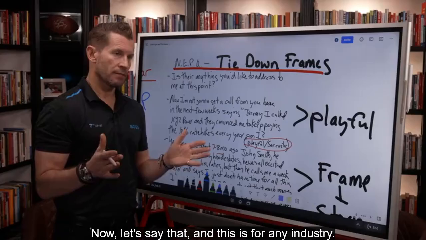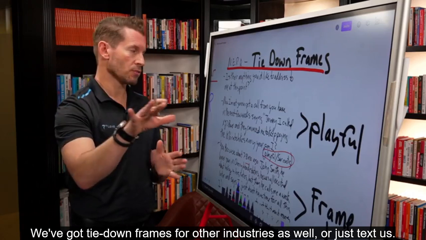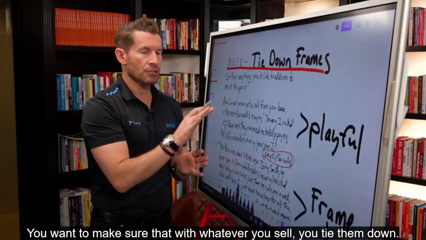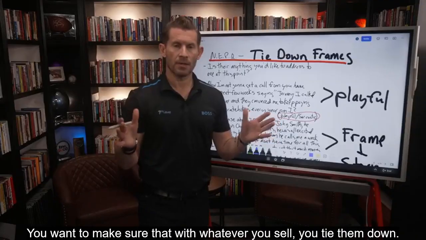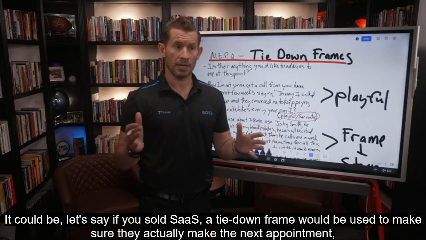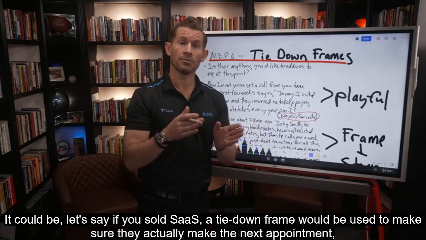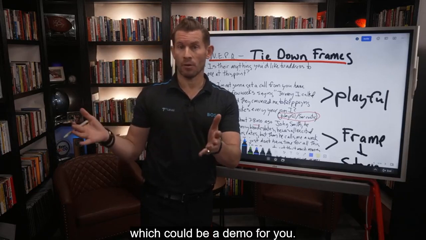Now, let's say that, and this is for any industry, and like I said, we'll show you the tie-down frames for other industries as well, or just text us. We'll show you what those are. You want to make sure that with whatever you sell, you tie them down. If you sold SaaS, a tie-down frame would be used to make sure they actually make the next appointment, which could be a demo for you.